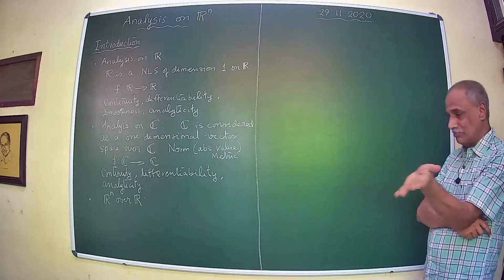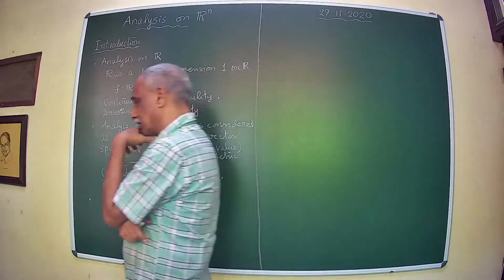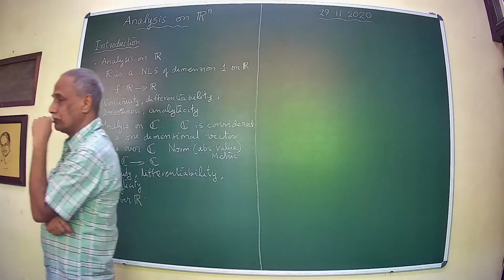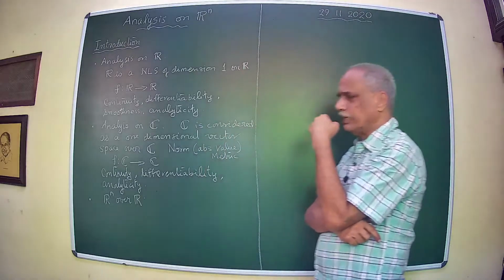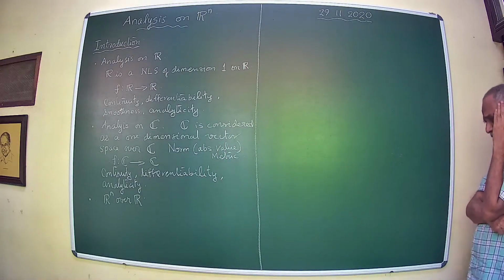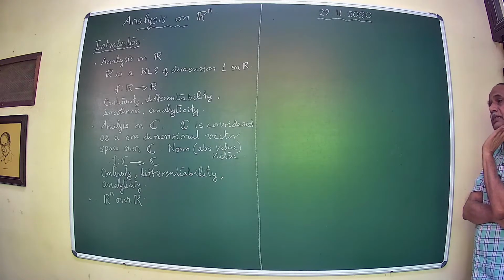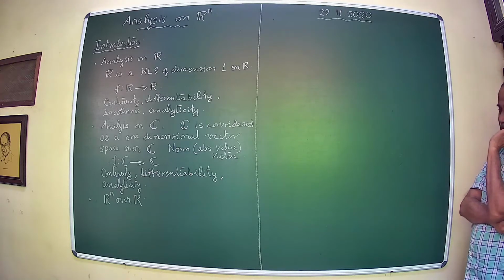Again, you are on familiar ground. But the moment there is a curvature, then you have a problem. So you have to develop analysis on curved surfaces. Many problems demand that. And because of that, we want to develop analysis on curved surfaces.